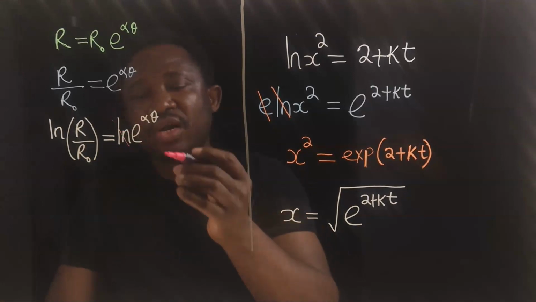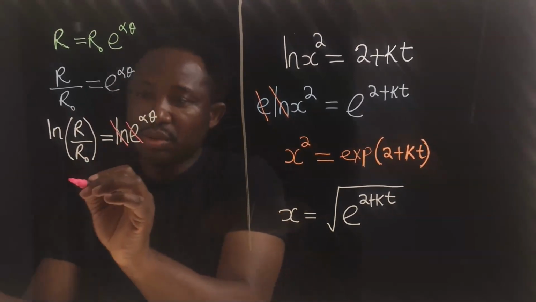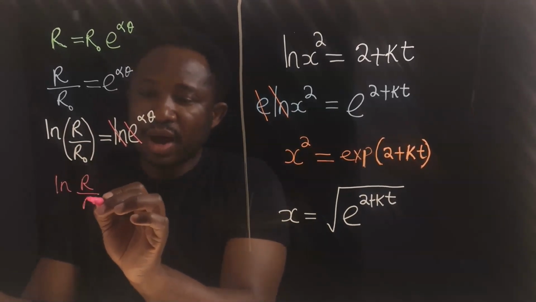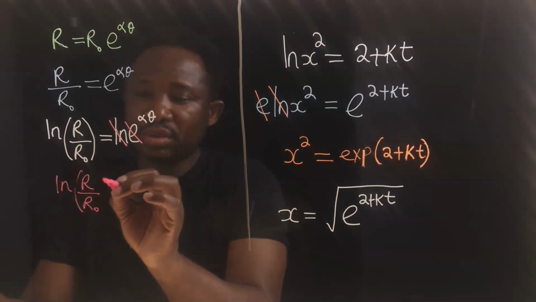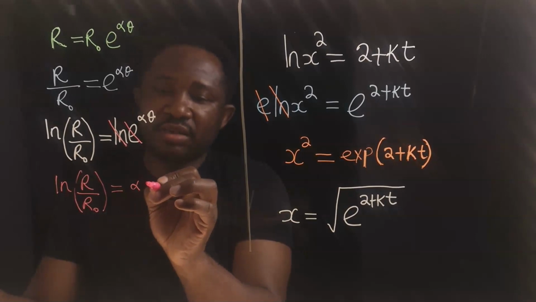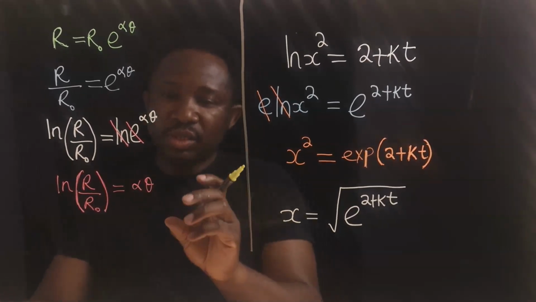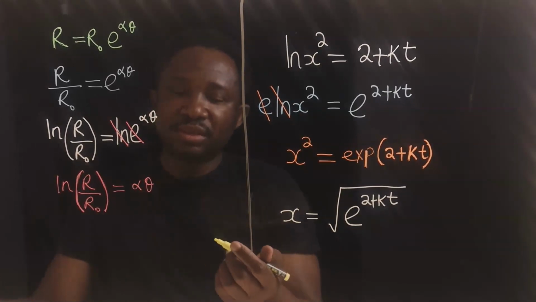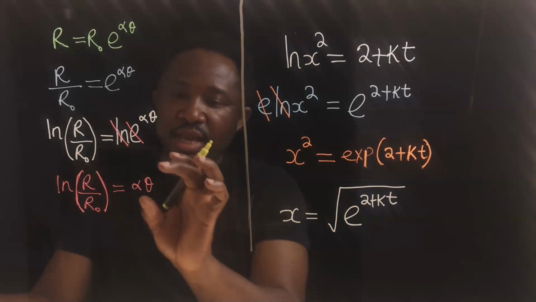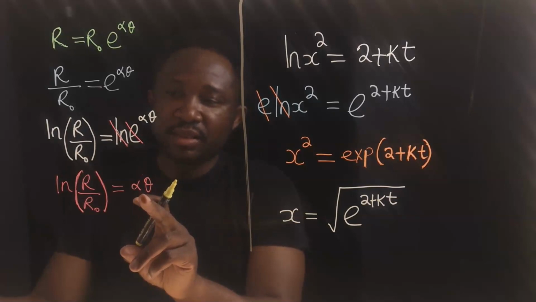This natural log will cancel exponential, and we're going to have that the natural log of r over r subscript naught is now alpha theta. Our aim is to make theta the subject. Alpha will move across the equal sign and is going to divide because it's multiplying here.